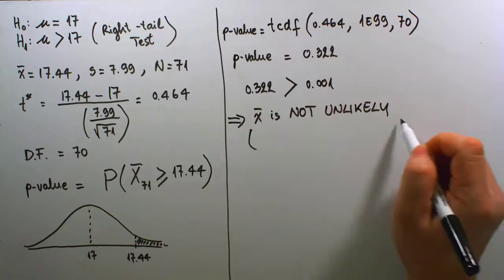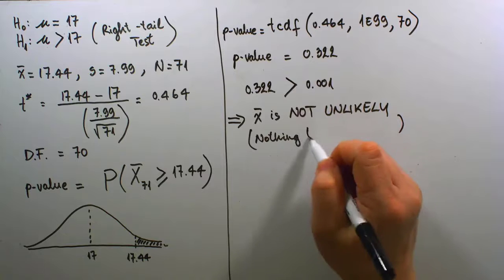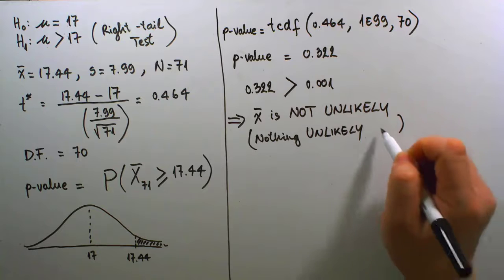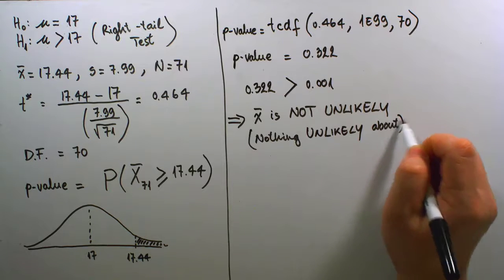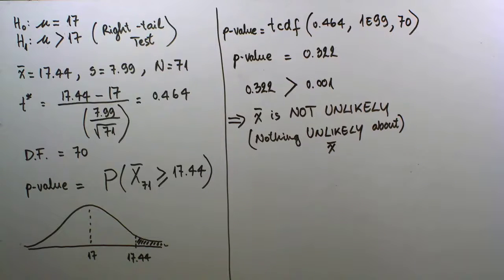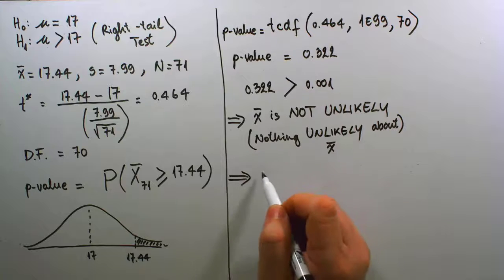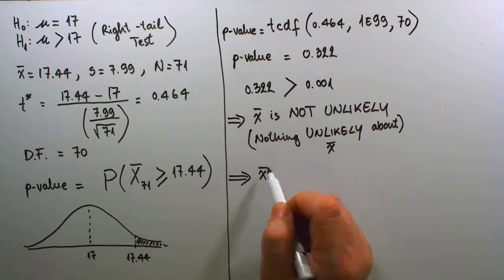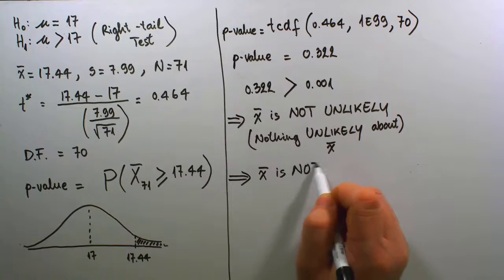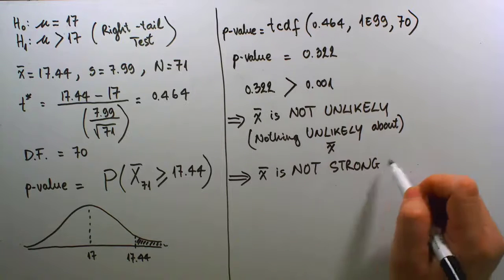Another way of saying it is there is nothing unlikely about the sample we have, if we accepted that claim. And that's leading to a further conclusion, that the sample we're using here is not showing strong evidence. So having a sample like this, we didn't have strong evidence.